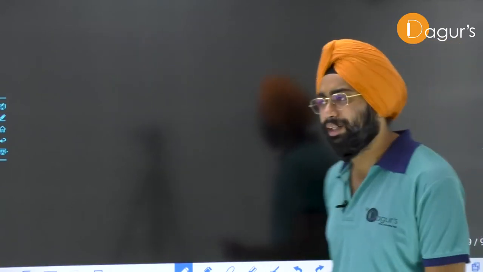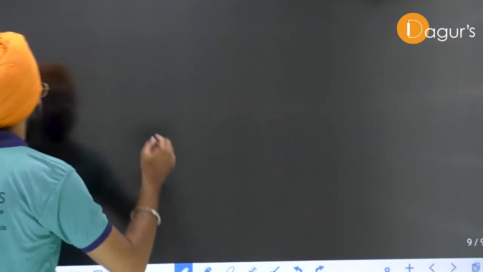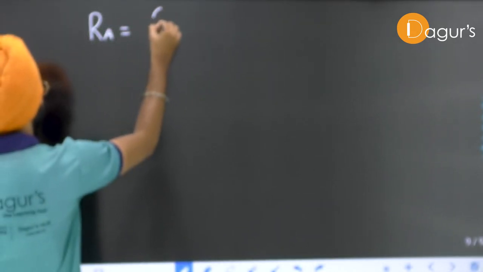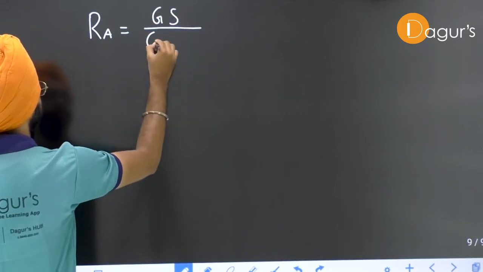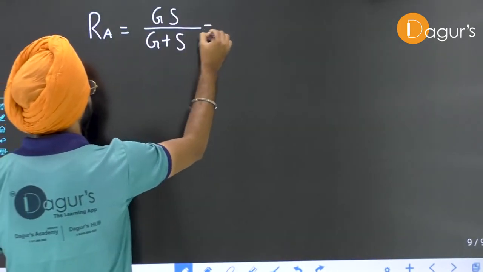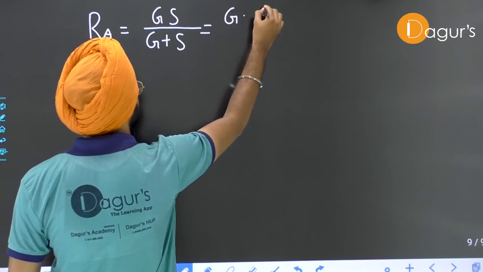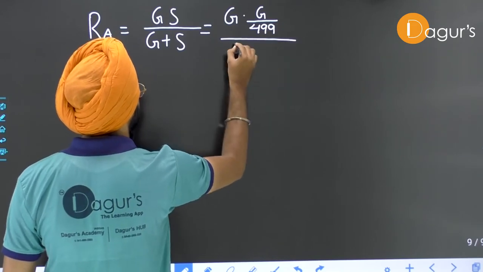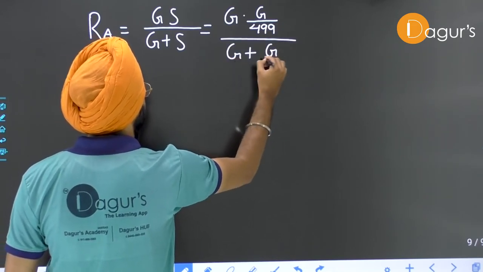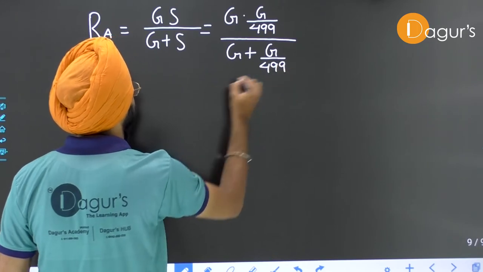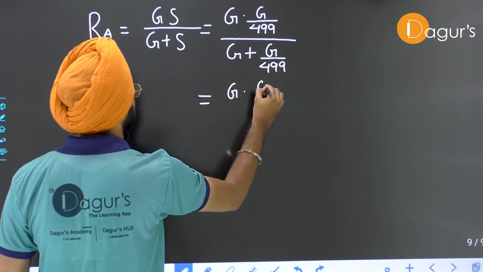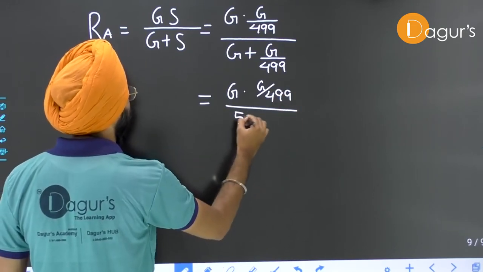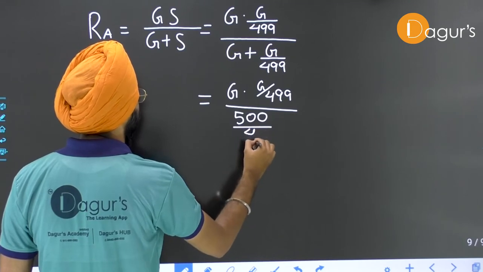If we want to find the resistance of our ammeter, as they are in parallel combination, the resistance of the ammeter will be GS upon G plus S. Now S is G by 499, and this is G plus G by 499, which is 500 upon 499.